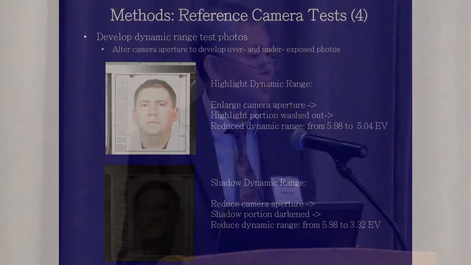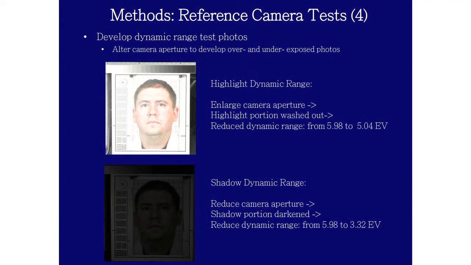So for the dynamic range, we have two extremes. One is overexposure, one is underexposure. To get overexposed pictures, we just enlarge the camera apertures, to make the highlight portions washed out here.